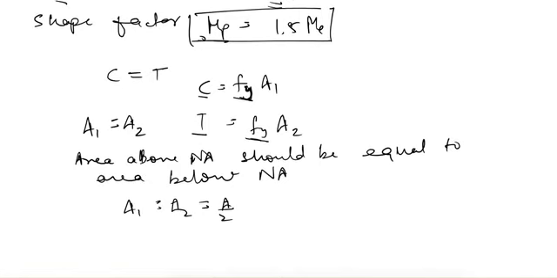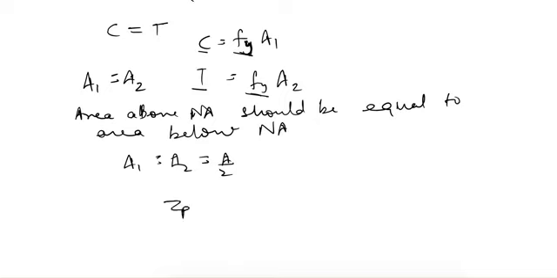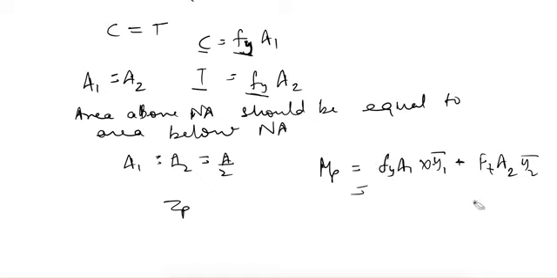And so from this we can write the formula of Z plastic in general form. So Mp, I said, is equal to Fc into A1 into Y1 plus Ft into A2 into Y2, and this is equal to Fy. Here also it is equal to Fy. And this A1 is equal to A2 is equal to A by 2, so we can take it out common.